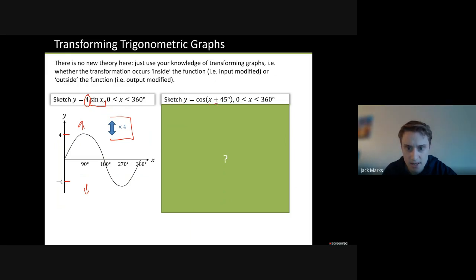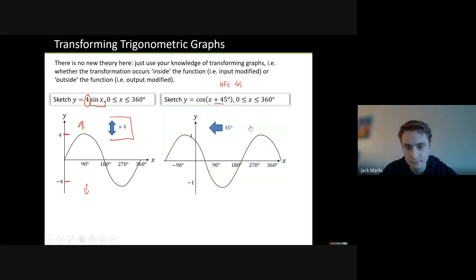Here, this is a translation inside the function, so we do the opposite. So we need to move the cos graph to the left by 45, and it will look something like this. Word of advice as well, you may wish to use a calculator with a table of values just to help you sketch some of the points with a little bit more certainty.